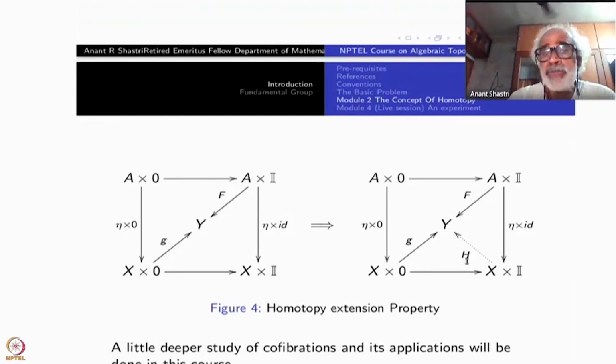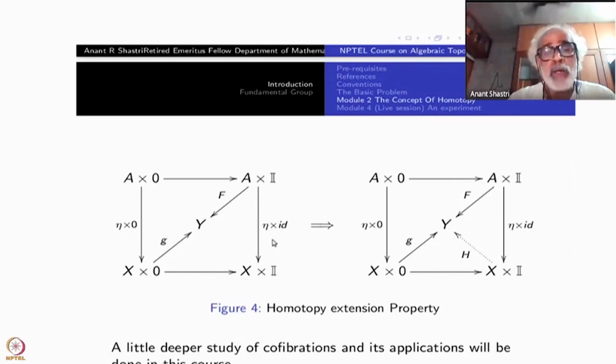When you compose it with η cross I, it is F. So you can think of this as inclusion, then this will be the restriction of H. And on X cross 0, the starting point is the given G.